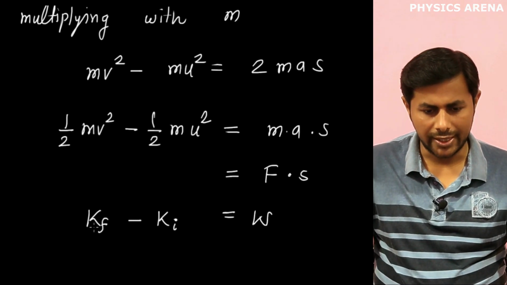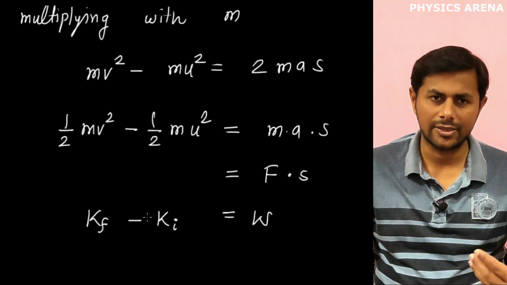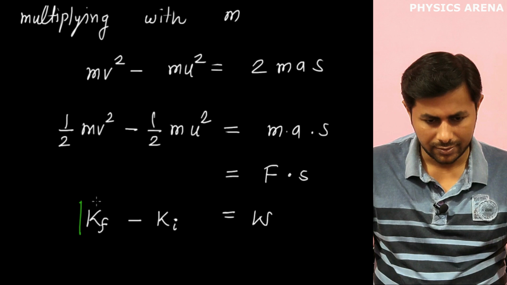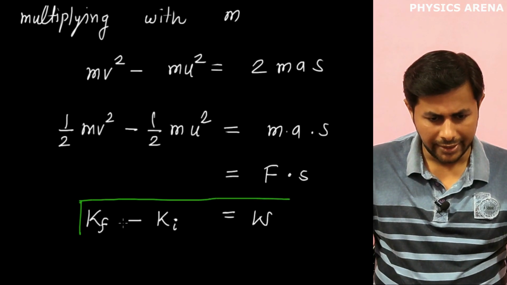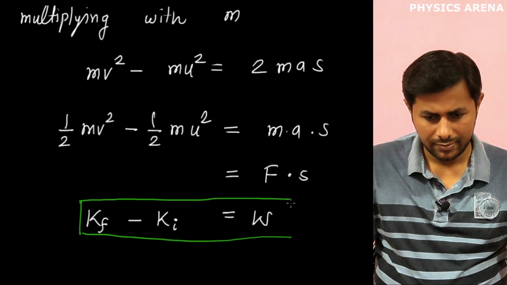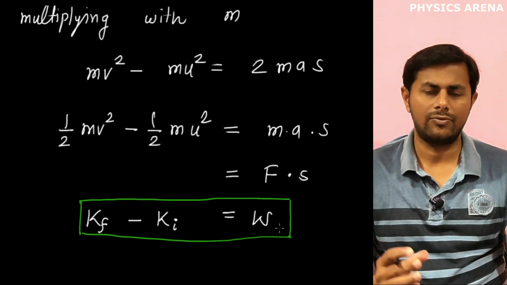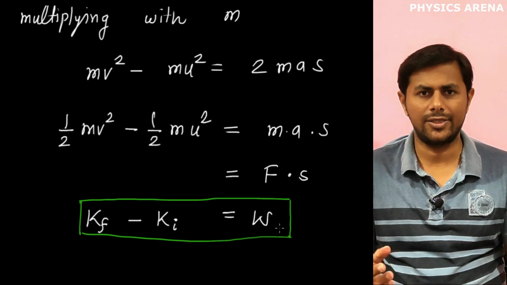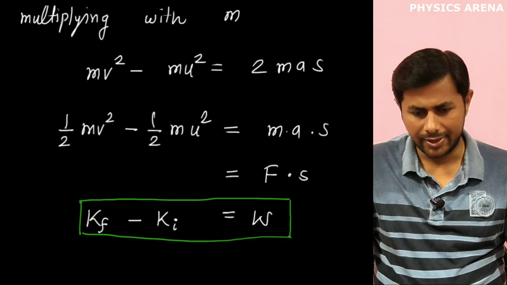And what we are looking at is the special case, the one-dimensional case of the work energy theorem. And it says that the work done on an object is equal to the change in kinetic energy of an object. So let me note it down.